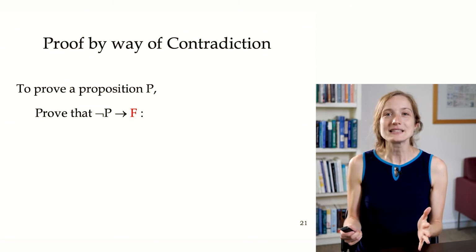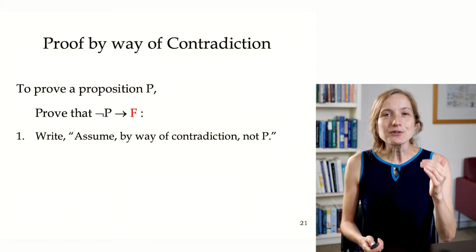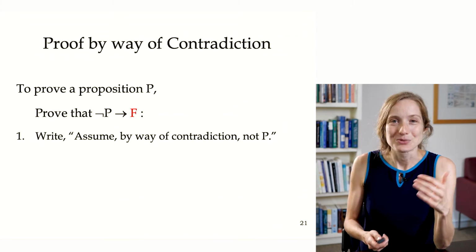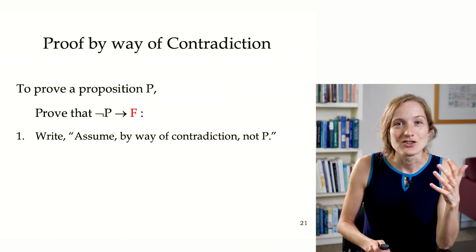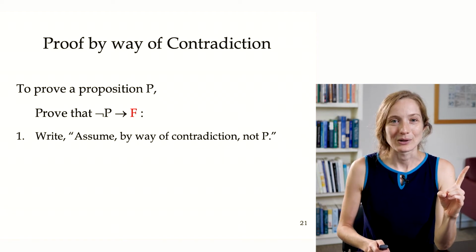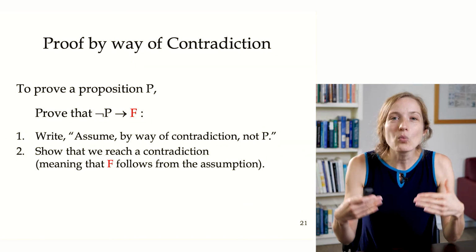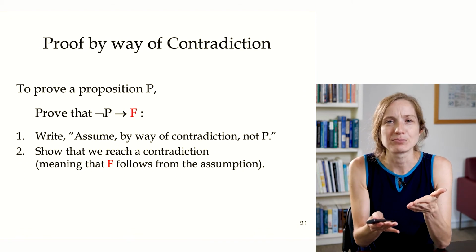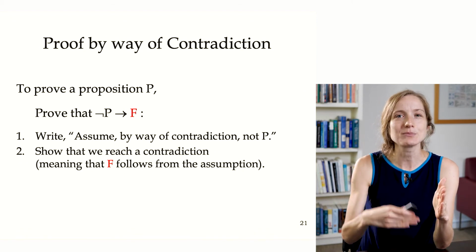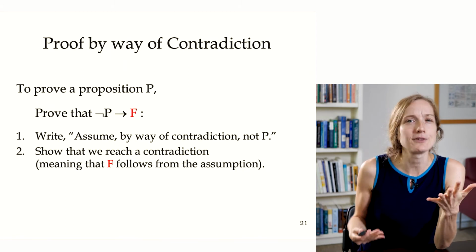So what does this mean? What does a proof by contradiction look like? The first thing you do is to write, assume by way of contradiction, not P. This is the first part here. Now I want to prove not P implies false, so I need to take some sequence of logical steps whose conclusion is false.